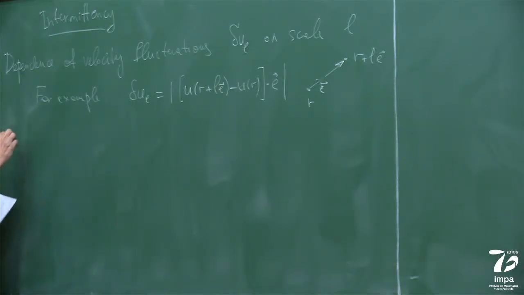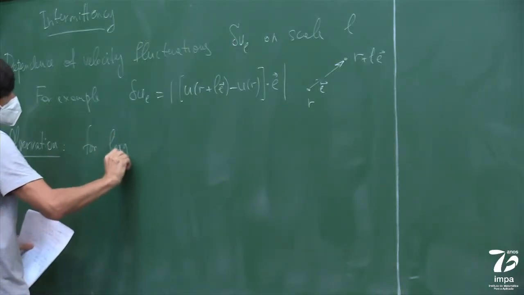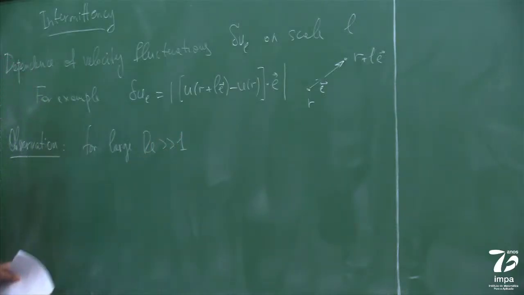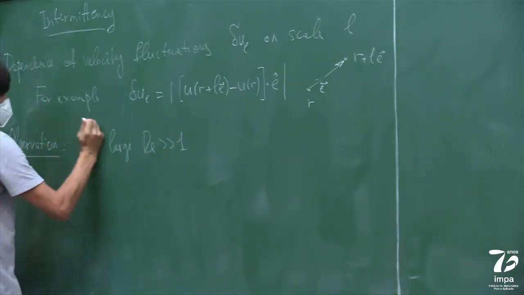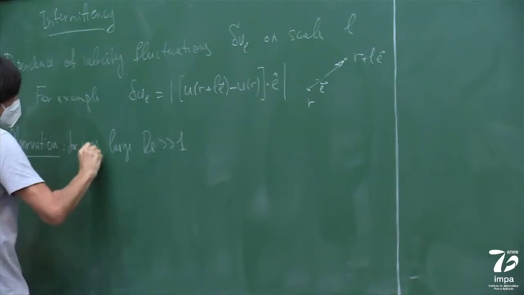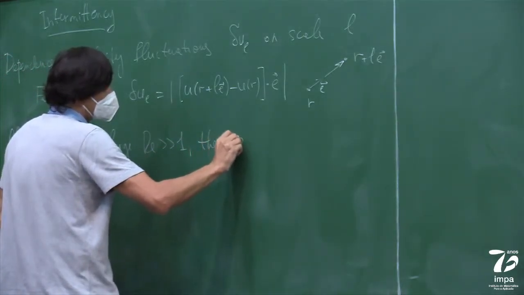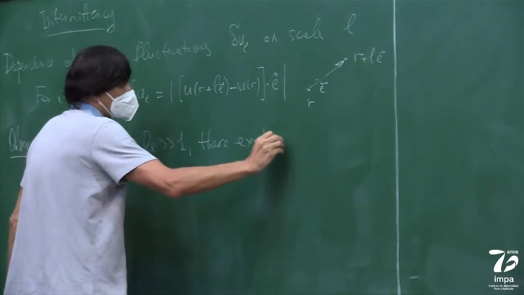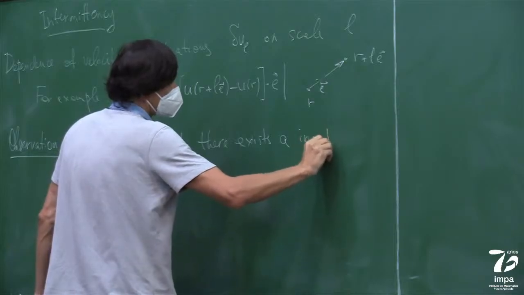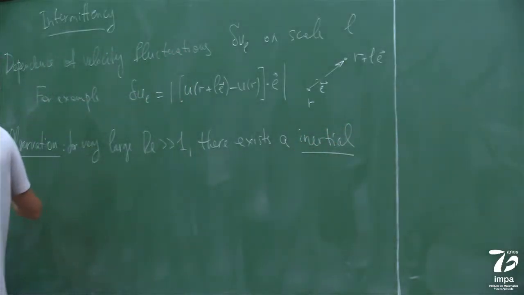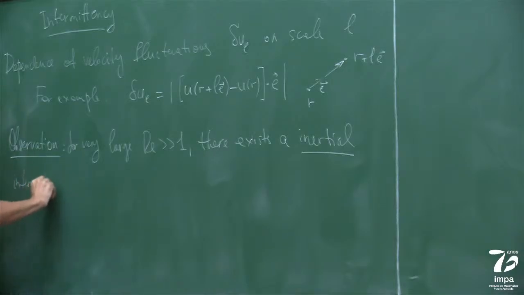So what is intermittency? The observation, which comes both from experiment and numerical analysis, but not yet from a theory, is that for very large Reynolds numbers, so in that limit, when we get developed turbulence, there exists what's called an inertial interval of scales.